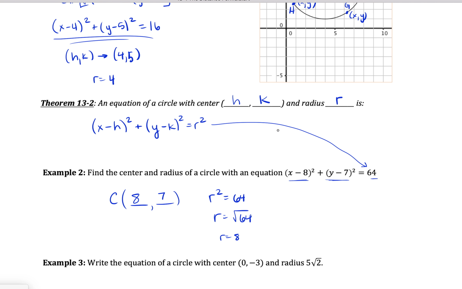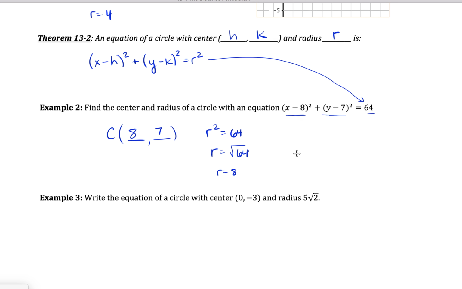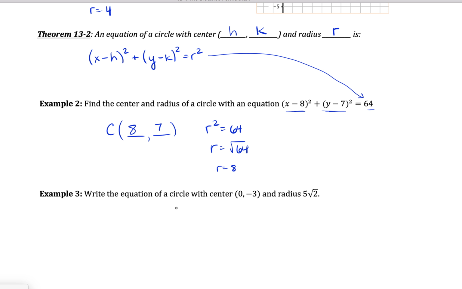What we can also do with this information from theorem 13-2 is write equations of circles if we know where their center is and what their radius is going to be, right? This circle is going to have a center at (0, −3), and it's going to have a radius of 5√2. So what I do is I think about (x − h)² + (y − k)² = r², and I fit these three numbers into this equation.